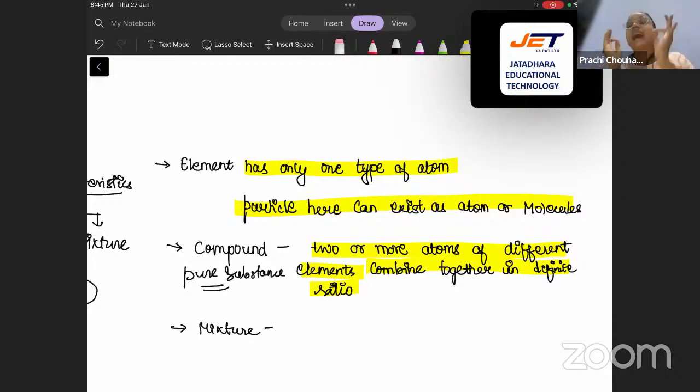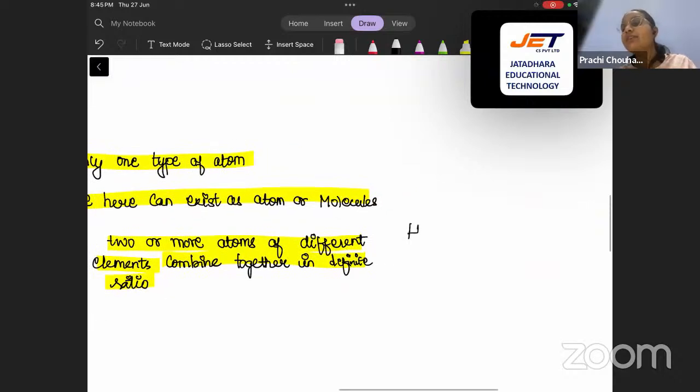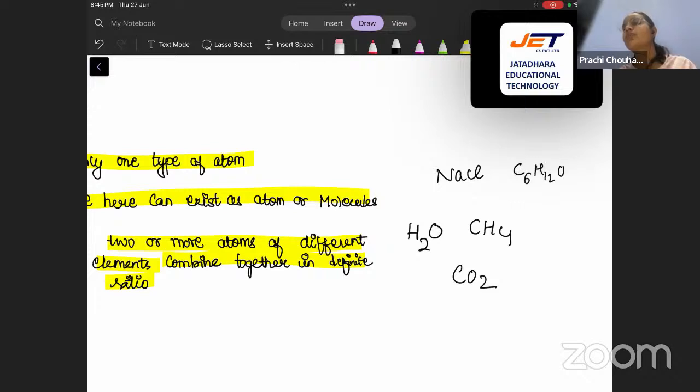The elements have to be different. Now, what could be the probable examples? For example, H2O, CH4, CO2. These all are known as compounds, NaCl as well. For example, glucose is C6H12O6.